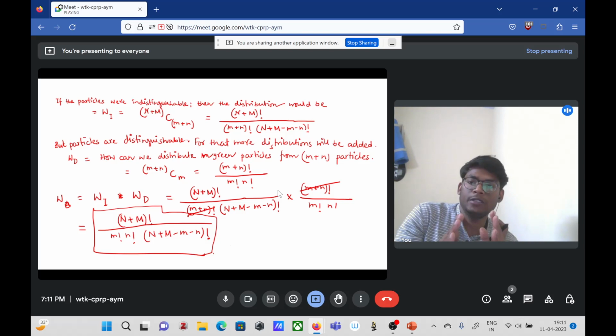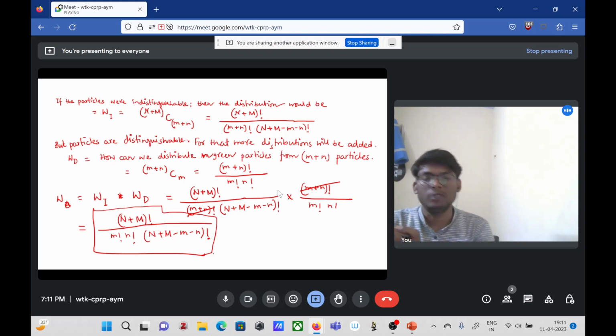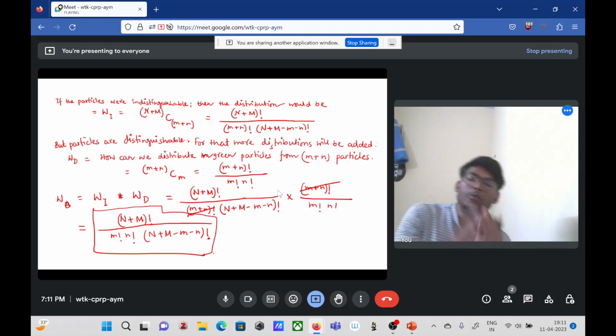This additional distribution arises from the distinguishability on top of the indistinguishable counting, and we do that by taking the product of Wi times Wd. If you do that, you will get the solution.